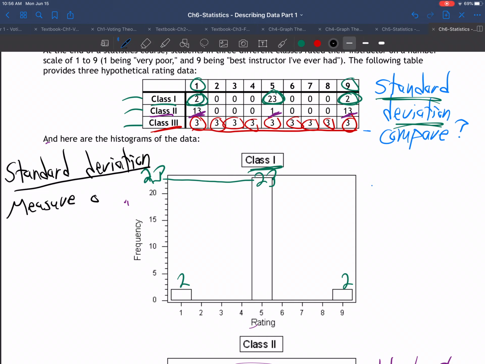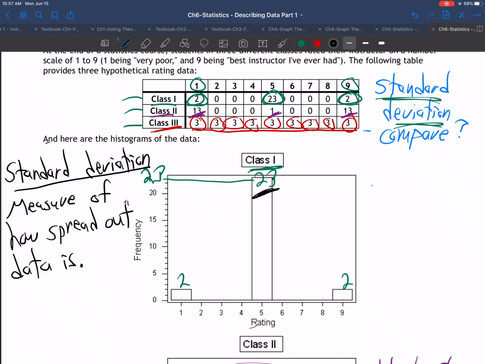It's a measure of how spread out data is. How spread out the numbers are. So if they're more spread out, that's a higher standard deviation. So let's take a look. What they're asking us on this question is which one of these three classes gave the lowest and the highest and the middle standard deviation.